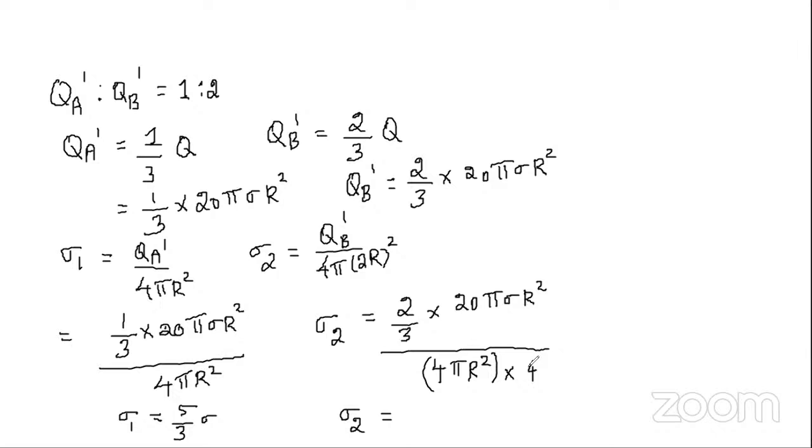So 5 by this 3 will be taken to the denominator, 5 by 6 sigma. So sigma 1 equal to 5 by 3 sigma, and sigma 2 equal to 5 by 6 sigma. So this is given in option D, and option D is the right answer.